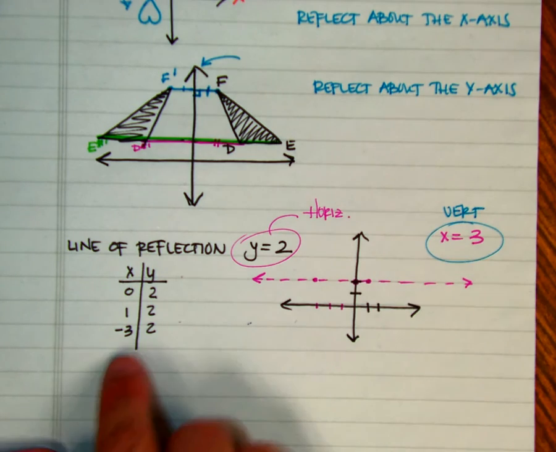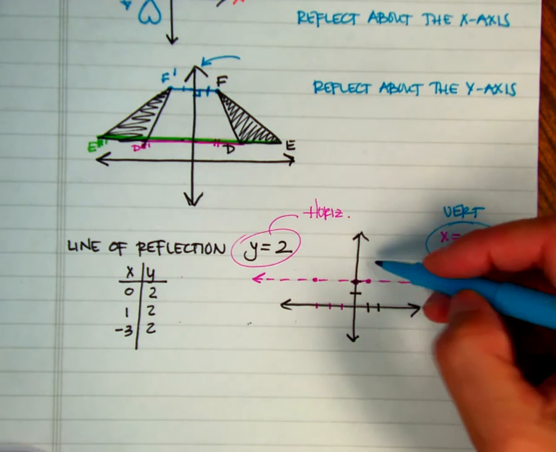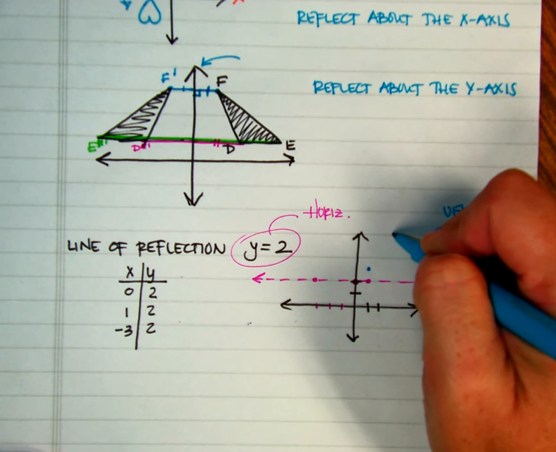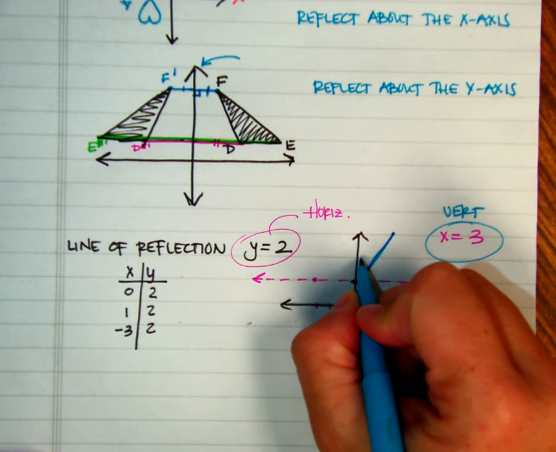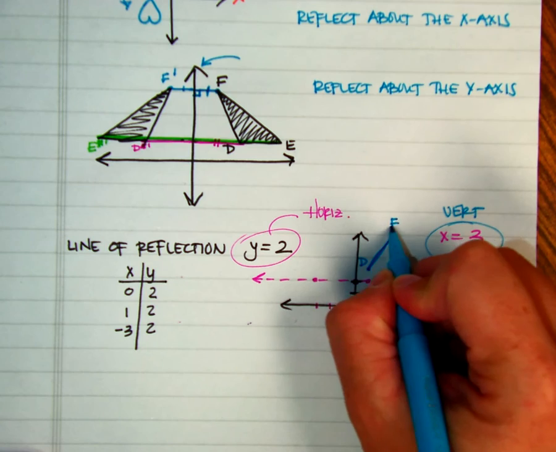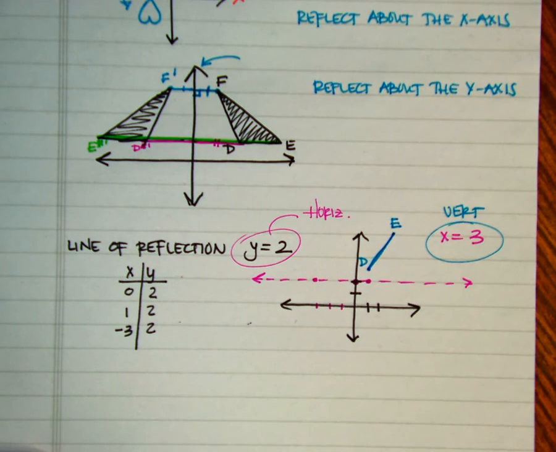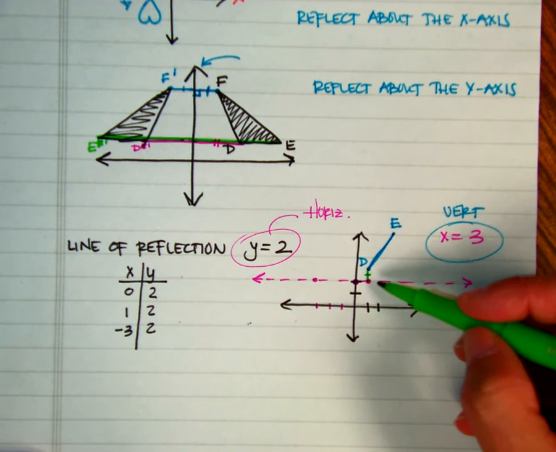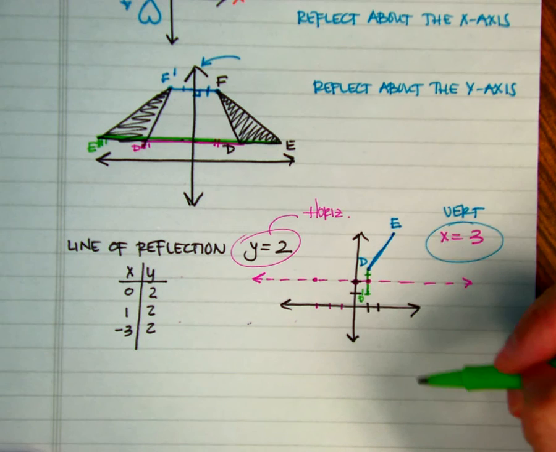Okay? So if we are having y equals 2, and my figure is, say if this is D and this is E, if this is 1 unit away from the line of reflection, then it has to be 1 unit away here as well, and that would be my D prime.